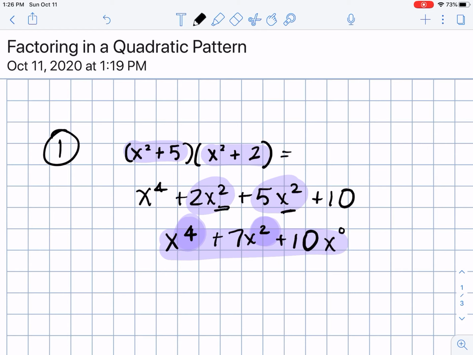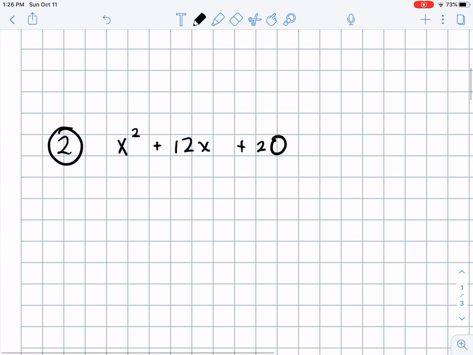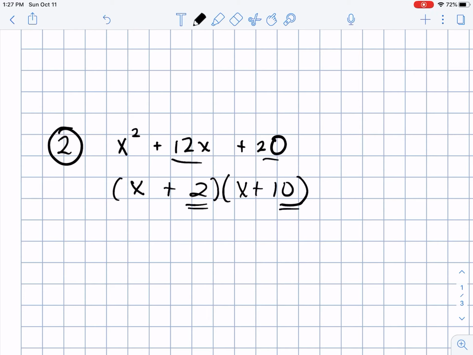Well, we can use that kind of pattern with some other things we could be given. Now, let's look at this. This is a good old regular quadratic. And the way that it's going to factor is going to be x plus 2 times x plus 10, right? 2 times 10 makes 20, 2 plus 10 makes 12.